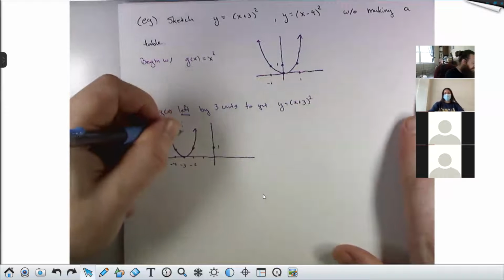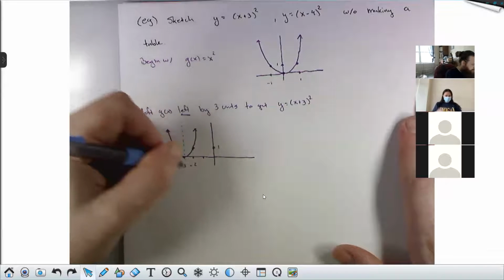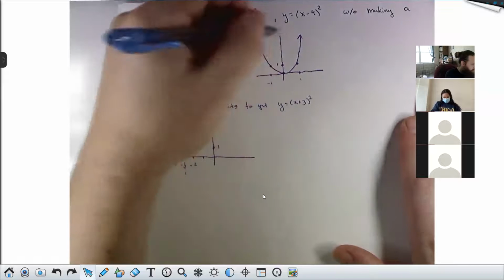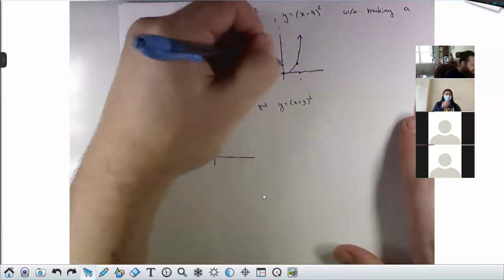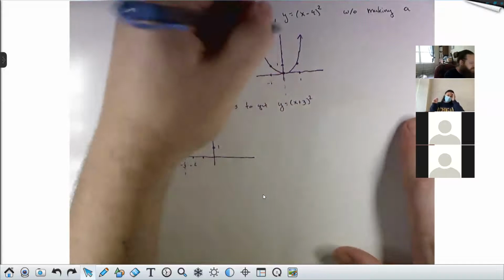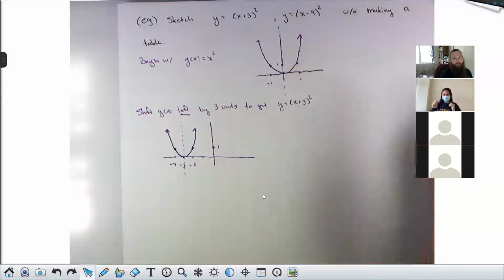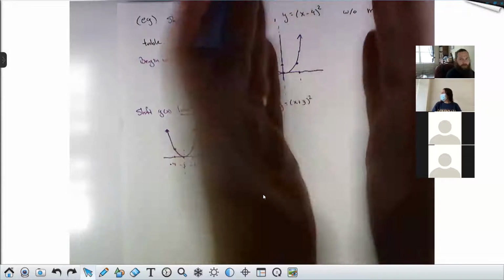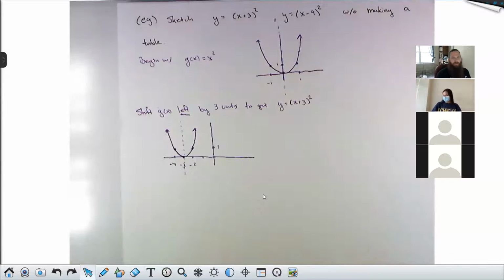You may have seen this term in your algebra classes. This line here is called the axis of symmetry for that parabola. Because if you were to fold this guy up like a book along that, the graph would sit right on top of itself. Here, the axis of symmetry moves with the graph. So yes, Chris, that is a true statement.